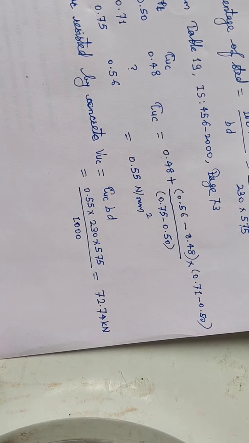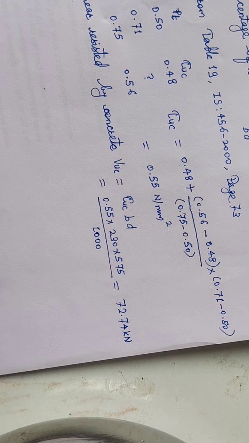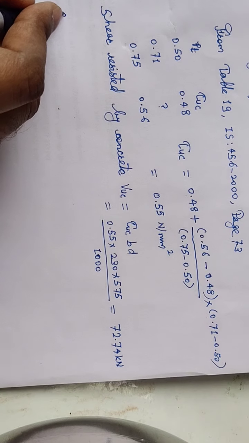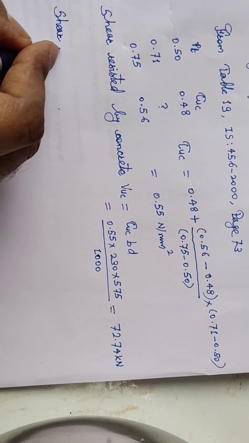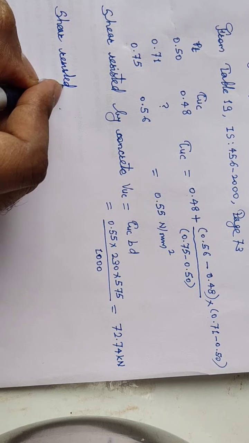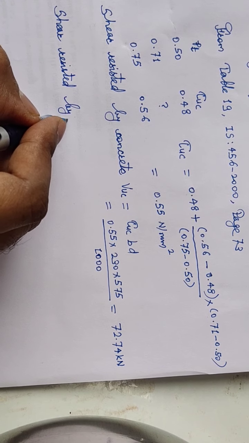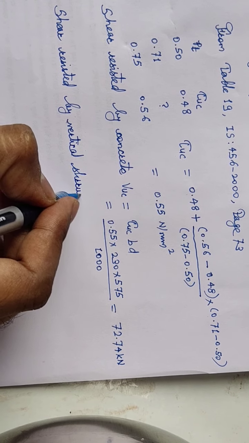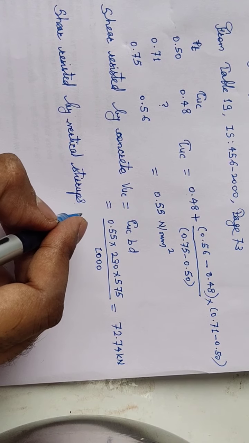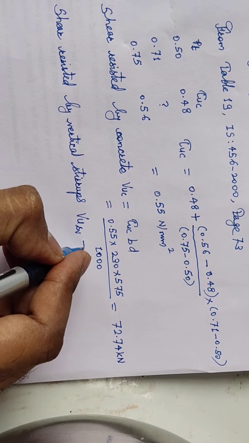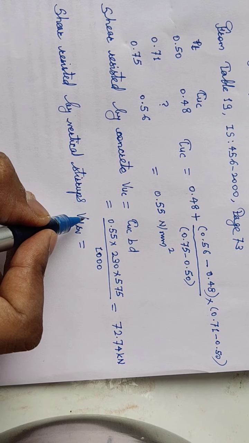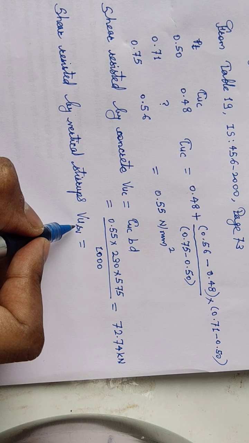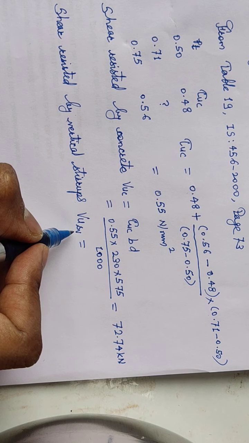Now at this section we have reinforcement also, vertical stirrups also. So what is shear strength resisted by vertical stirrups? That will be VUSV. VU is ultimate, V stands for shear, so ultimate shear, S stands for stirrups, and this small v stands for vertical.